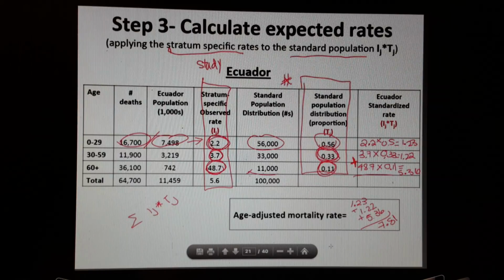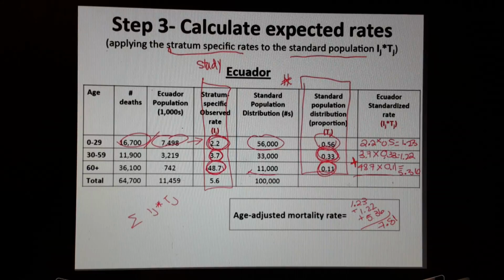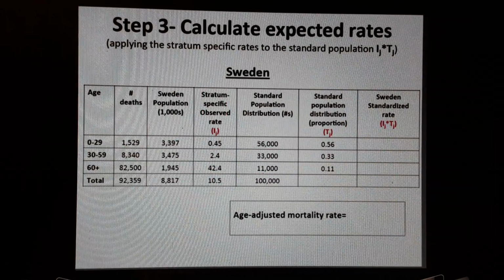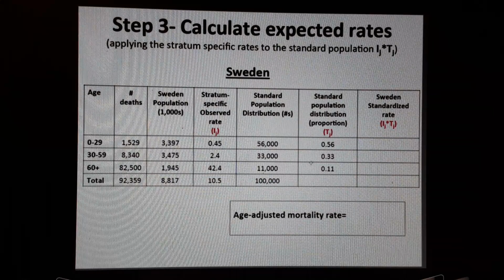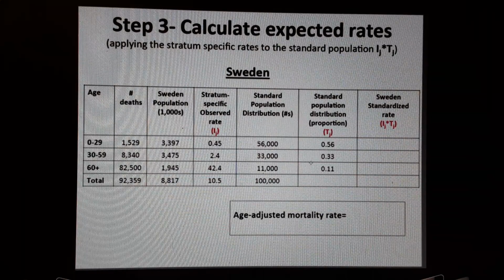Okay, so here, because we have used a proportion, we've skipped a couple steps. If you use other references, you're going to have to do some dividing at the end, but this way is probably the easiest. Okay, now we're going to go to Sweden. Well, it's exactly the same thing as we had just done for Ecuador.